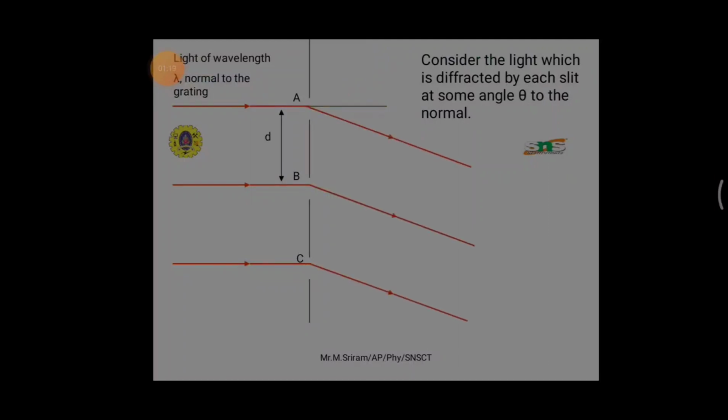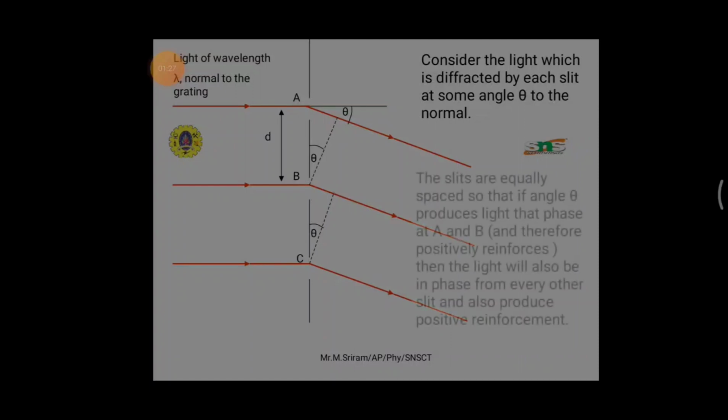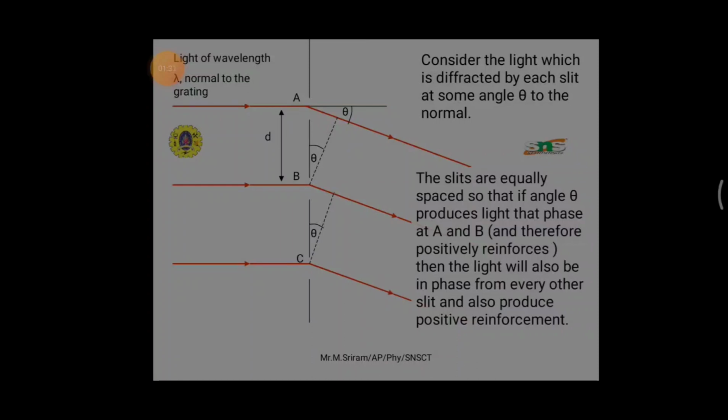Since the slits are equally spaced, that angle theta produces light that is in phase from slits A and B, so it reinforces positively. The light will also be in phase from every other slit, and also produce positive reinforcement.